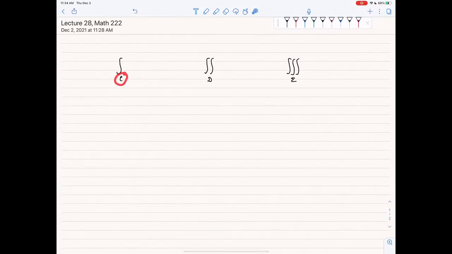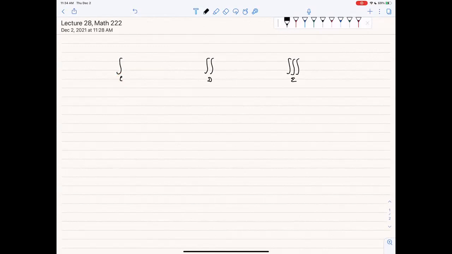But here in this class, C could be a curve in one dimension. I mean, it could be an interval. It could be a curve in 2 dimensions, or it could be a curve in 3 dimensions. It could be a closed curve. It could be not so closed curve. It could be a disconnected set of curves. It could be an oriented curve.